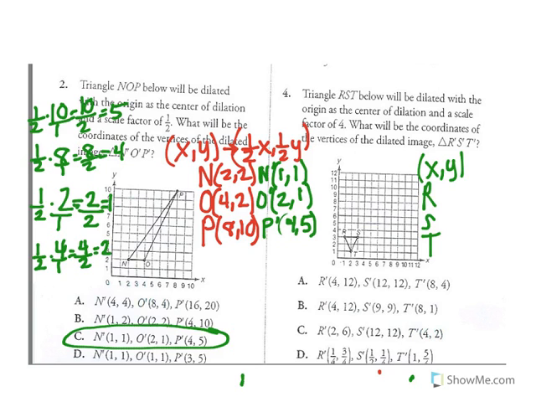So for R, we have 1, 3. For S, 3, 3. And for T, 2, 1. And the scale factor is 4, so the rule is you're going to multiply each coordinate by 4.